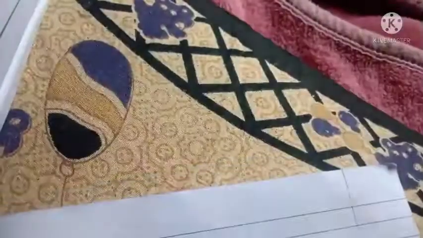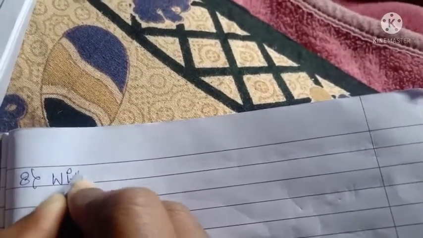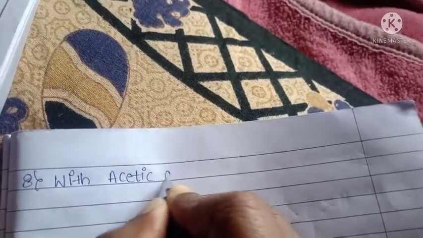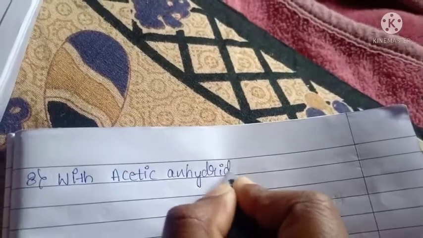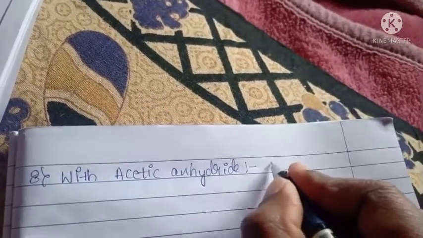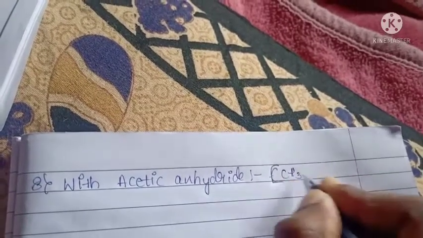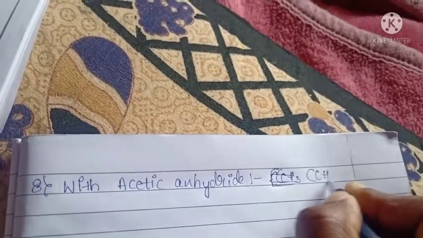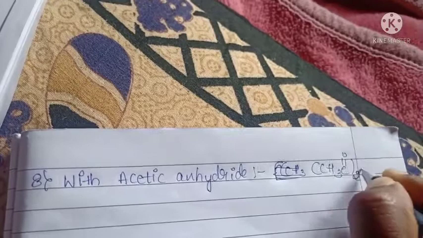Okay, next, the eighth one is with acetic anhydride. The molecular formula of acetic anhydride is CH3 C double bond O, twice, O.